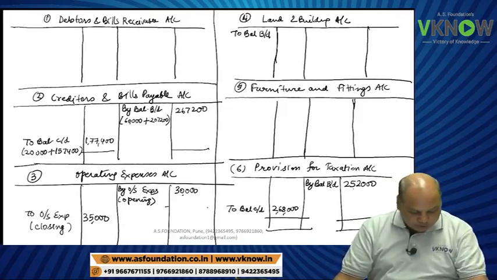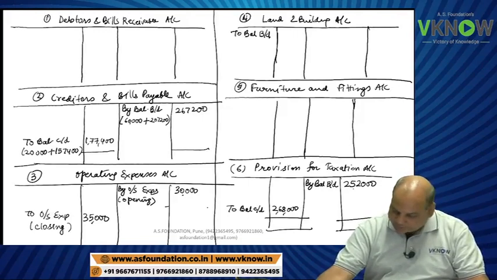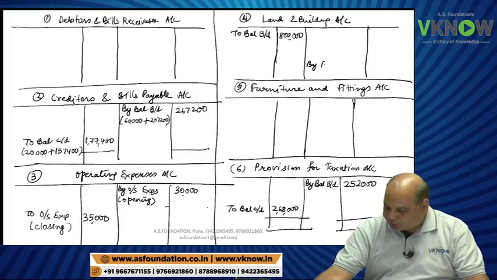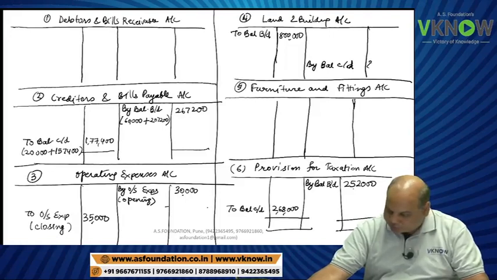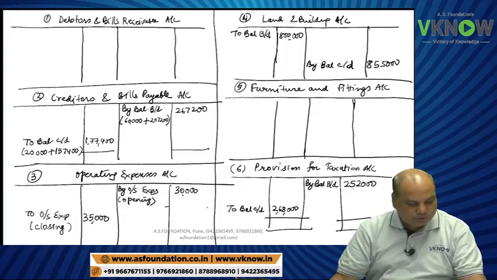To balance brought down will be 8 lakh. And credit side, last line, by balance carried down is equal to 8,55,000. Just keep it here, we will come to this.